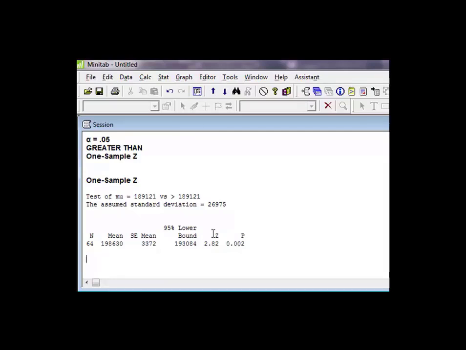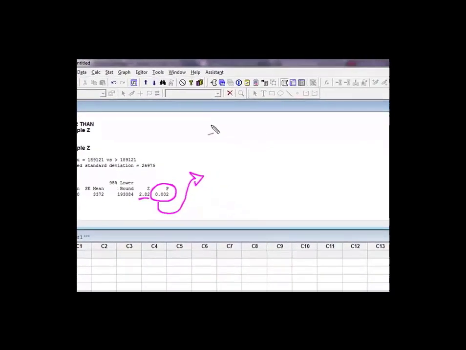Well, for those of you who watch my other video, I calculated my z-score, which was my test statistic. Right here it gives me my p-value, right? My p-value. So I can simply look at the rule, and that is if p is less than alpha, our decision is to reject H0.